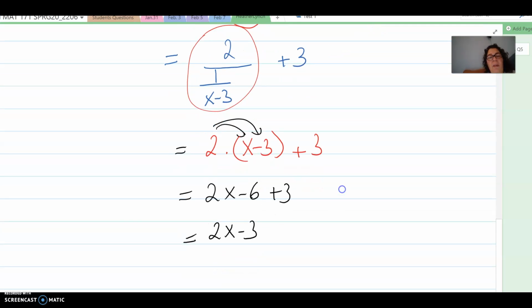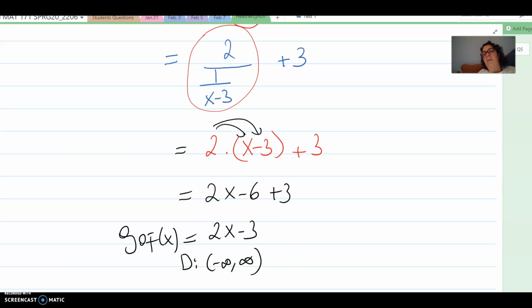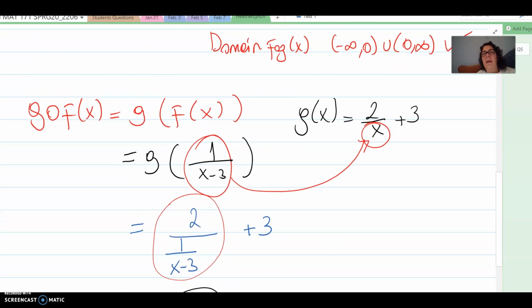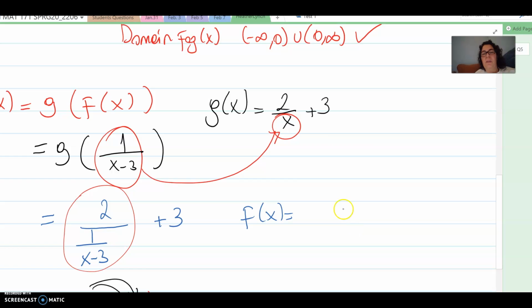Okay, what did we figure out? We figured out g of f of x. If we just look at this domain without considering the inside function's domain, we would say all real numbers, which is negative infinity to positive infinity. However, that would not be correct, because we did have an inside function f of x. We need to check if that inside function has a restriction.